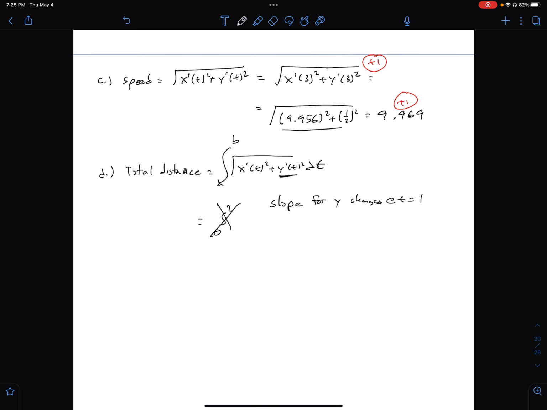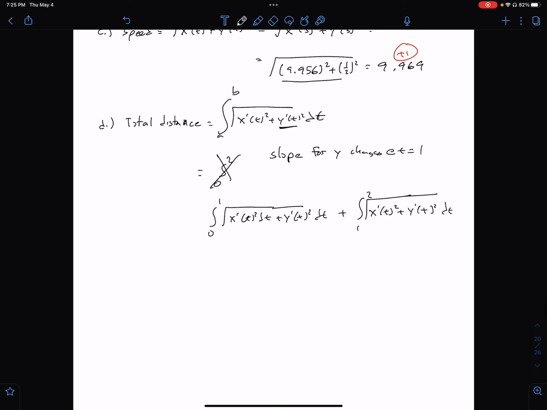So for that, we actually have to do two intervals: 0 to 1, the square root of x prime of t squared plus y prime of t squared dt, plus 1 to 2, the square root of x prime of t squared plus y prime of t squared dt. We actually have to set up two different integrals because we break at 1. The slope for y changes at 1, so that's going to hurt us.